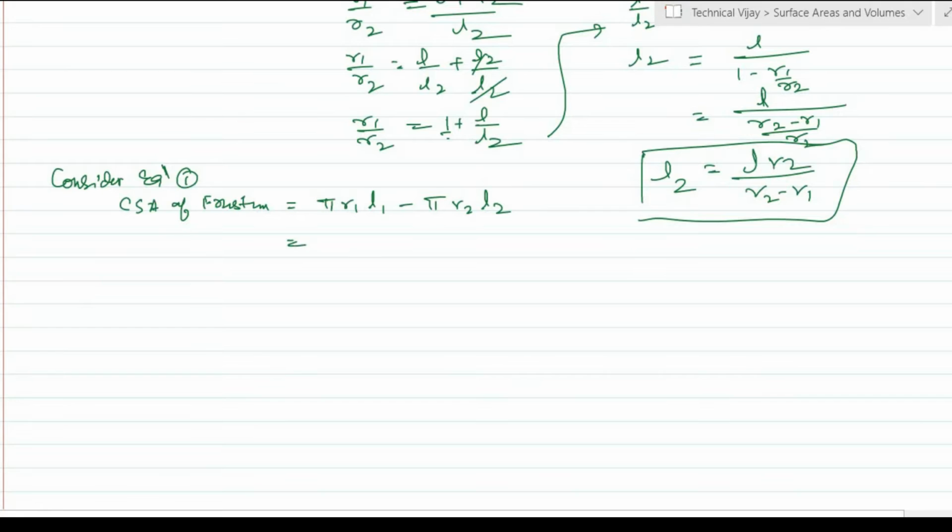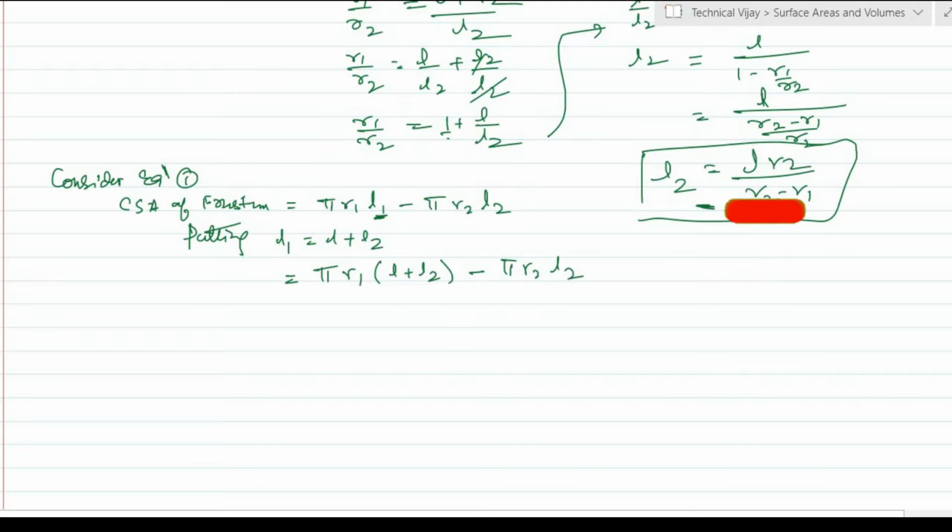So here we will substitute this value of L2. Putting L1 is equal to L plus L2, in place of L1 we get pi R1 into (L plus L2) minus pi R2 L2.